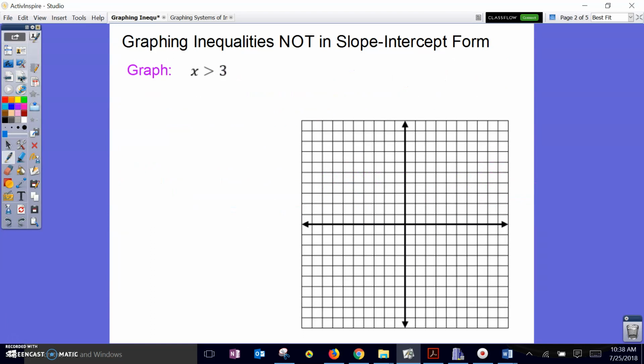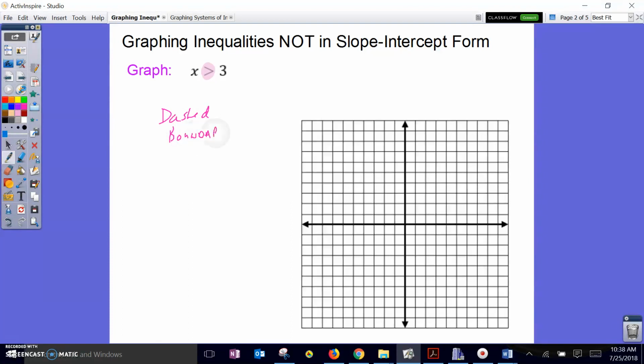We have graphing the inequality x is greater than 3. Okay, so we can't put it in slope-intercept form. First thing I do is I look at the inequality sign. It's a greater than sign, which means that this is going to be a dashed boundary.